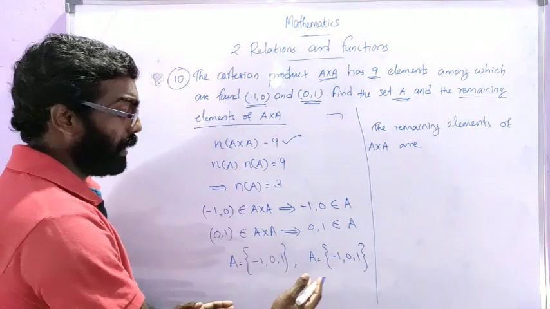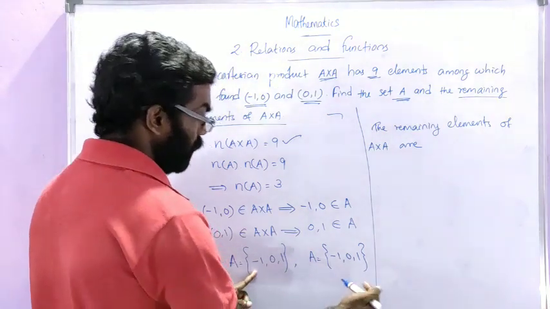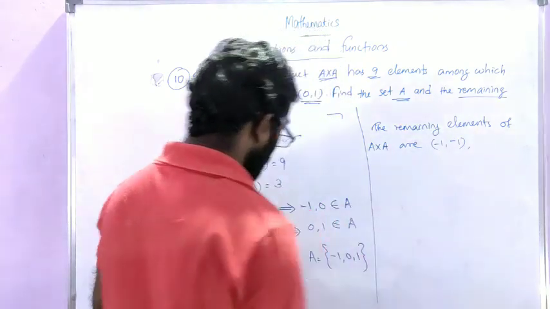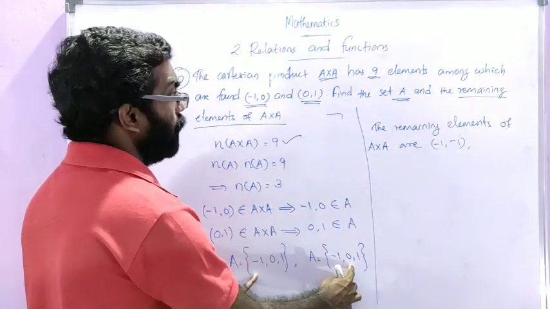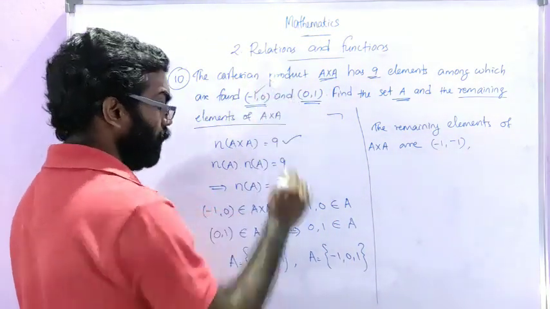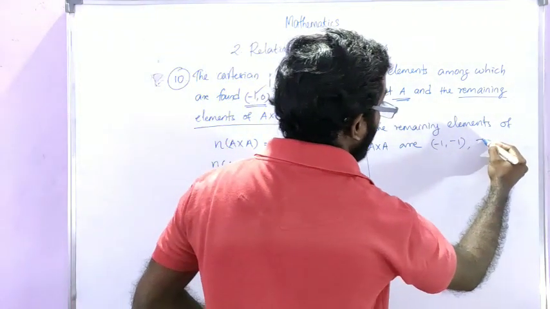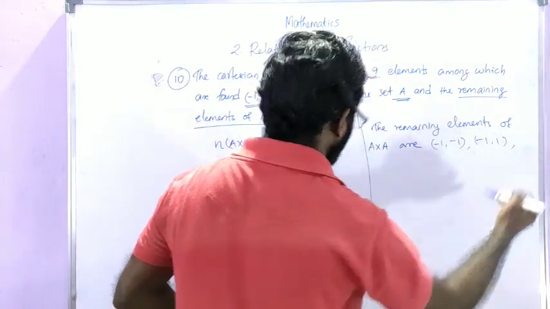Now we can easily make pairs: (-1, -1), (-1, 0) it is given, okay, leave it, then (-1, 1).